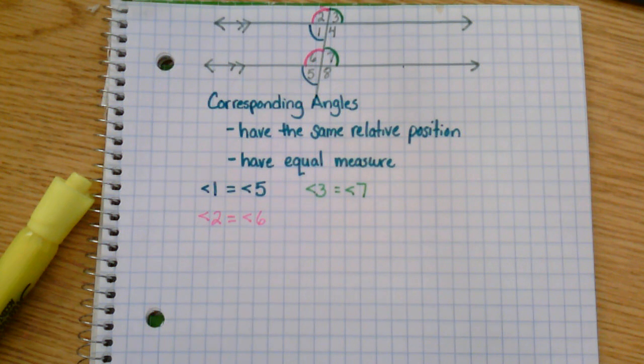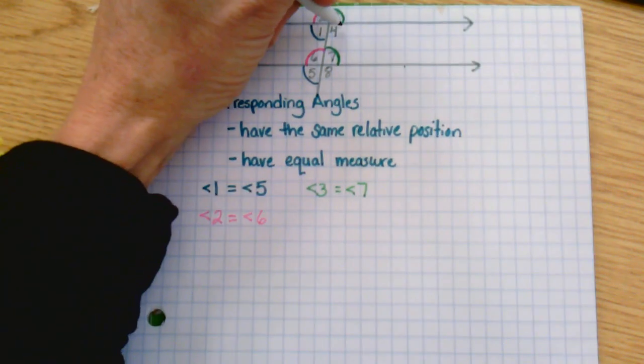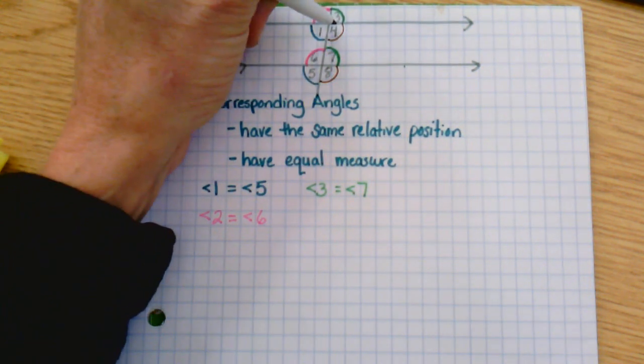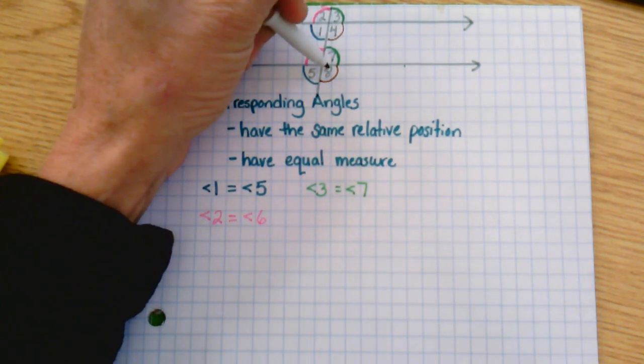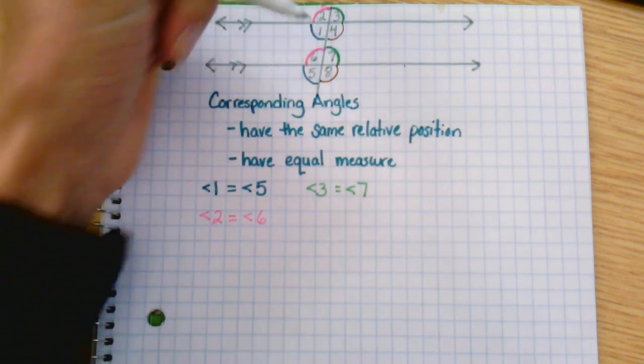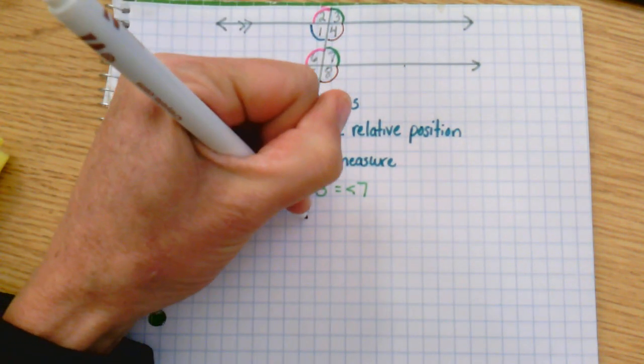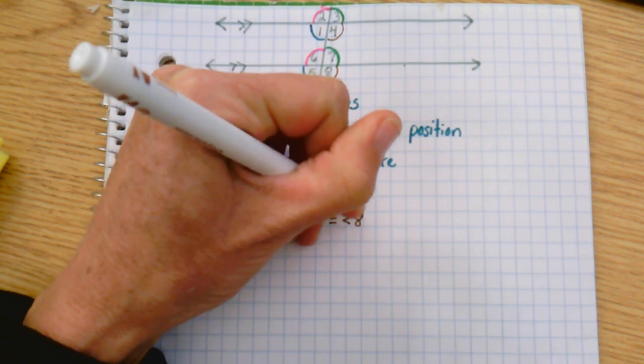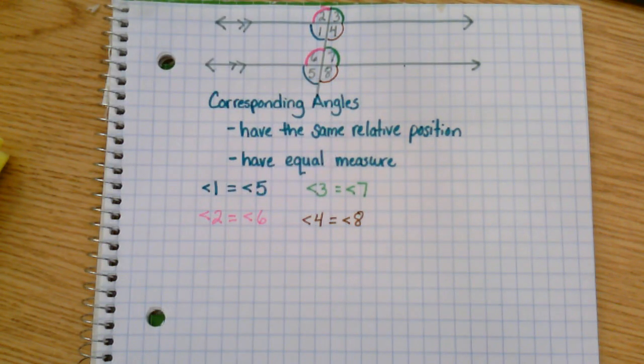The last pair that we have are angle 4 and angle 8. They are both beneath their parallel line and to the right of the transversal. So angle 4 corresponds to angle 8, and they have equal measure.